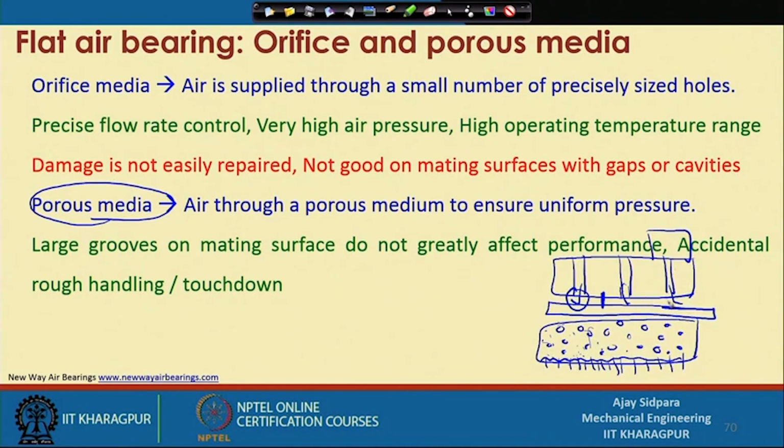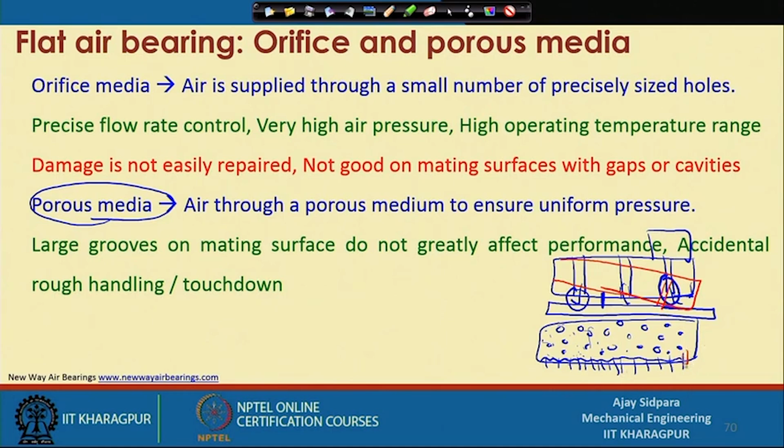When it is touching, this is the only nozzle giving compensation or resistance to this compression, but this location will touch the surface. That is the problem in this type of case. When it is tilting, there is a problem. Your nozzle is here, so it will not make much difference.